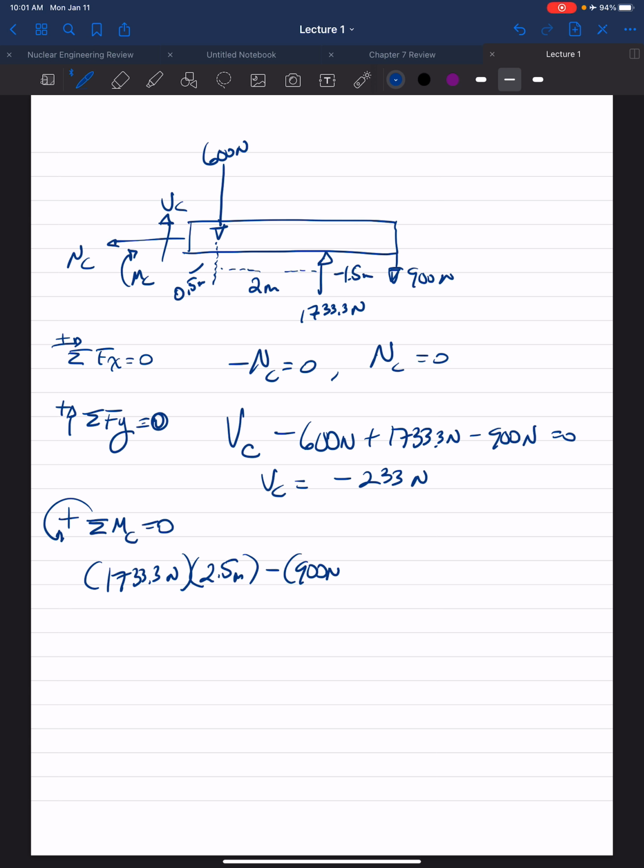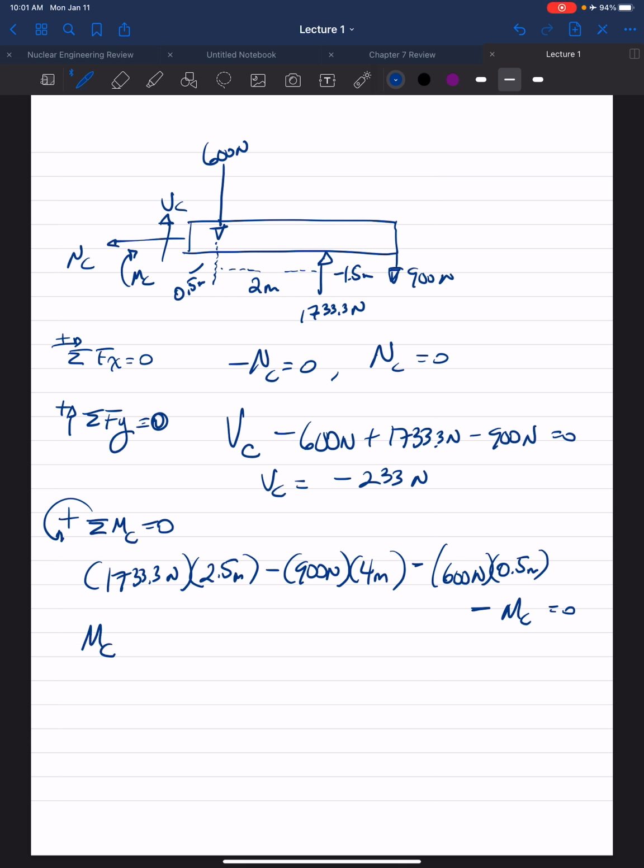The 900 Newton force causes a negative rotation about point C, separated by a distance of 4 meters to point C. The 600 Newton force causes a negative rotation about point C. And we have to account for a bending moment.